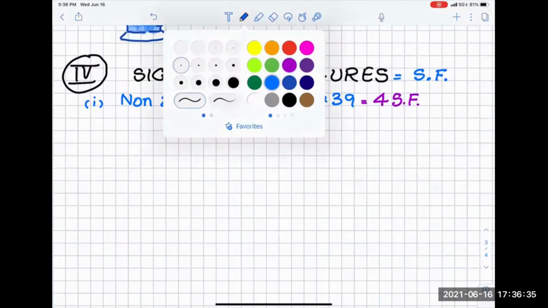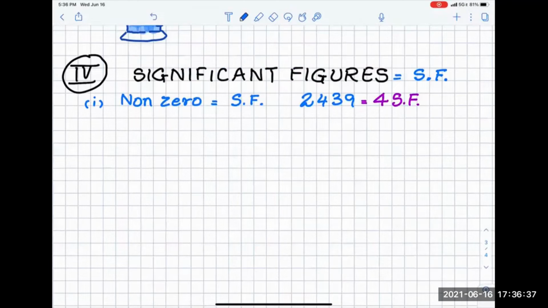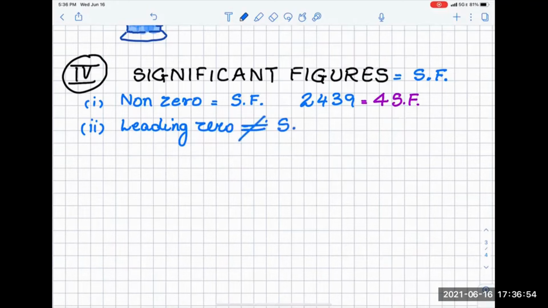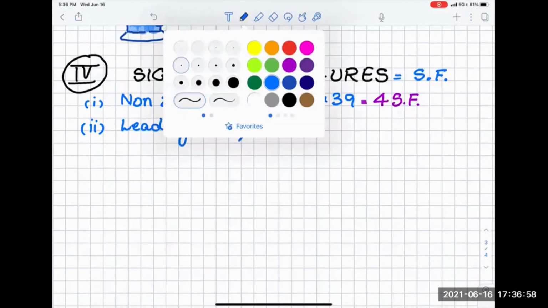Next is leading zeros. Leading zeros are not significant, because these numbers can be written in scientific notation.